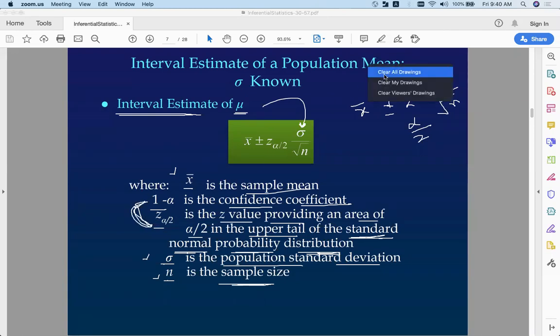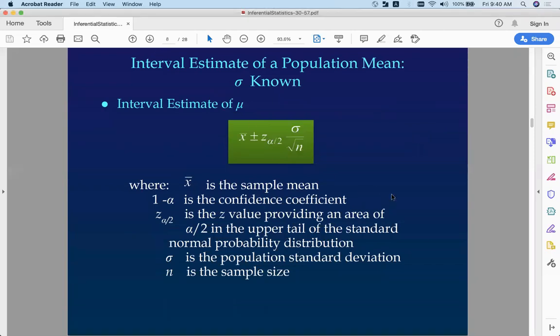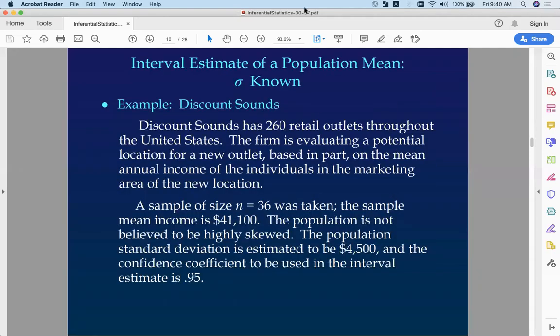Okay, so we'll do a problem. You guys will understand how to interpret that. Okay, so let me show you one problem. Let's solve this problem so that you guys will understand. Discount Sounds is a company which has 260 retail outlets throughout United States.